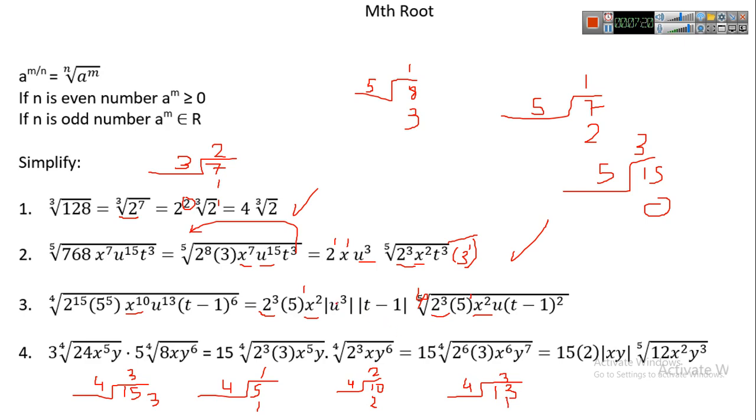So u power 3, but I put it in absolute value, unless the variables are positive. No need to put absolute value otherwise because the root is 4. So I put absolute value and u power 1 remains inside.